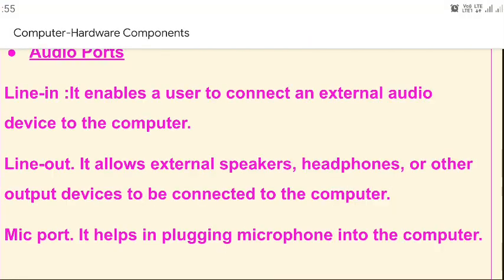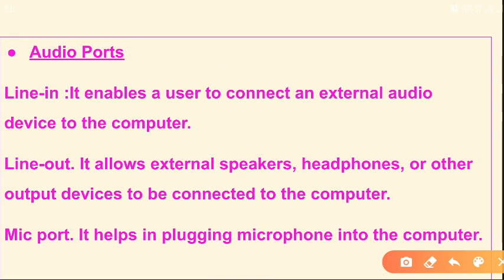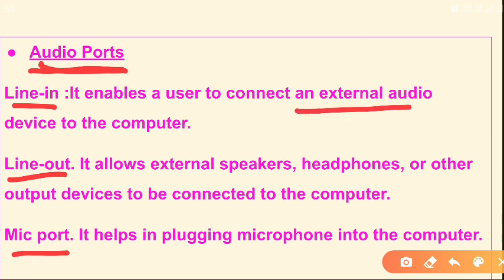Then the next type of ports are the audio ports. There are three types of audio port that we need to study: line in, line out, and the mic port. So what is line in? The line in enables a user to connect an external audio device to a computer.